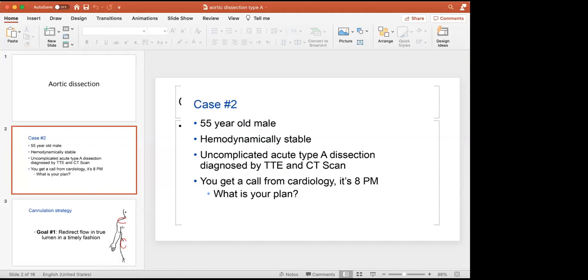Yes, actually, from dissection. If he passed the 2 weeks, that means he converted from acute aortic dissection to chronic aortic dissection. If those patients live through the period of 2 weeks, 14 days, now he transferred from acute to chronic aortic dissection, and I need to have a CT to see the progression.